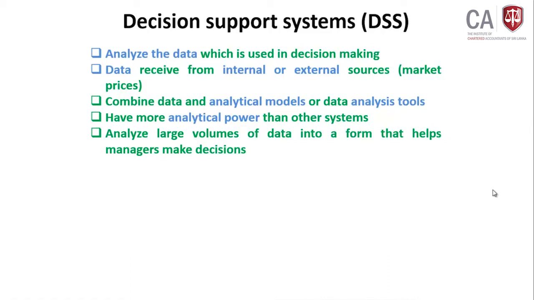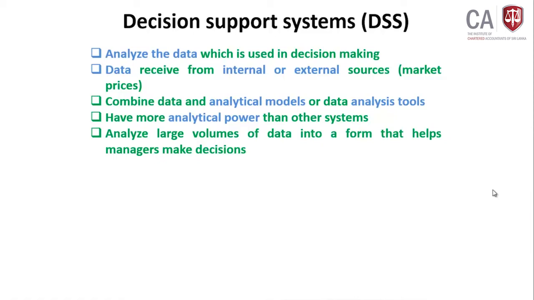Data is received from internal and external sources, combining data and analytical models or data analytic tools. They are using analytical models. Data analytical tools are used to analyze the reports. It has more analytical power than other systems, not like the transaction processing, not like TPS, not like MIS.